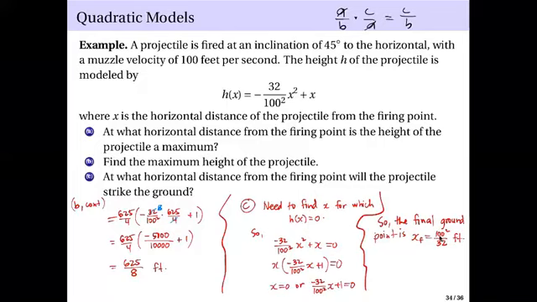And you can simplify this. You can reduce this to lowest term. So let me just reduce that to lowest term. So 100 squared over 32, that's just 625 over 2. So 625 over 2.